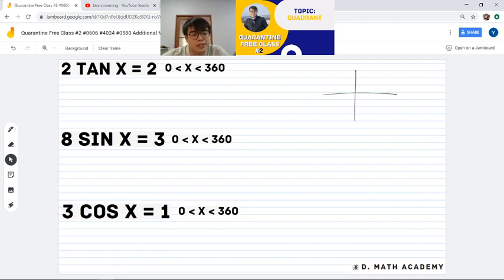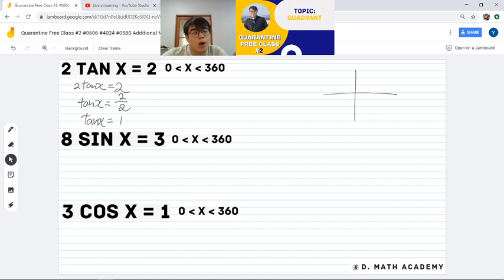Work it out as per usual. So there's a 2 tangent x here. The first thing that I did was to get rid of the 2. So I got tangent x equals to 2 over 2. Then you will get your result as tangent x equals to 1.